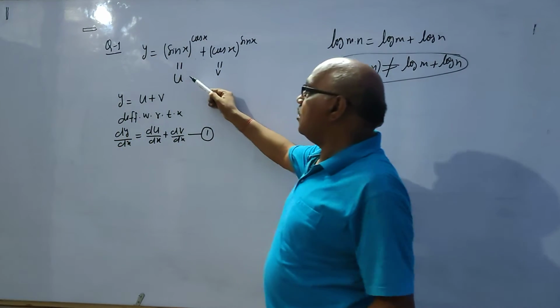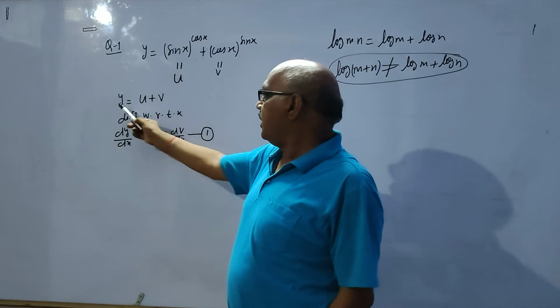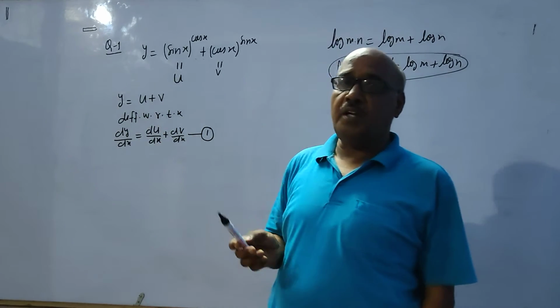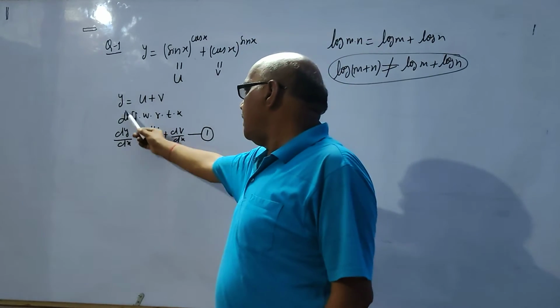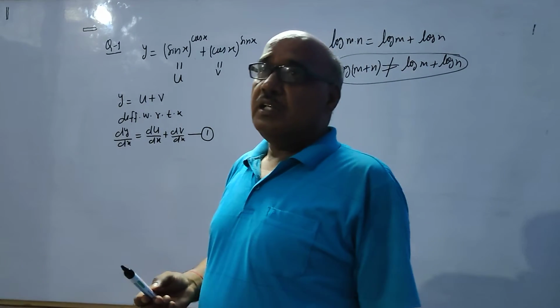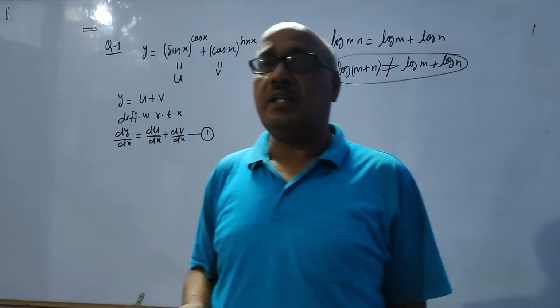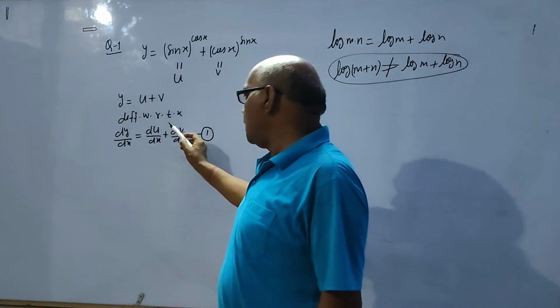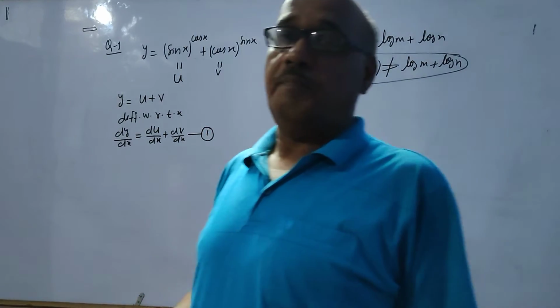Now this first one you have supposed as u, the second one as v, and now you are getting y is equal to u plus v. Differentiating with respect to x, you get dy over dx is equal to du over dx plus dv over dx. That means in order to find the value of dy over dx, we will have to find the values of du over dx and dv over dx separately.